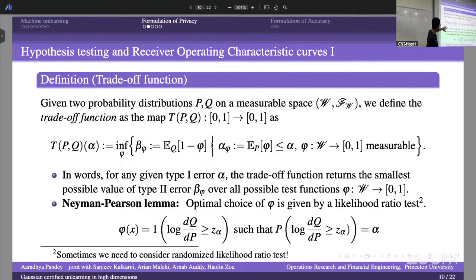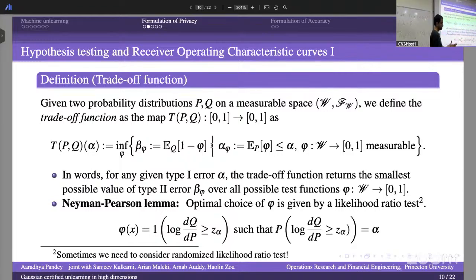Maybe before explaining, how many of you have seen this trade-off function, which I'm going to call the ROC curve? Okay, so maybe I'll explain. You have 2 probability distributions, let's say P and Q. You can call them P0, P1, that's also okay. Given 2 distributions P0 and P1 and a sample from either P or Q, you do not know which one it came from.